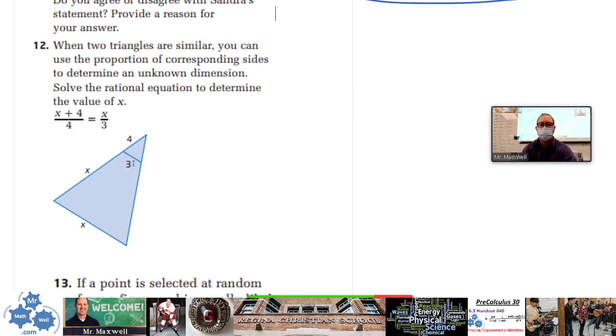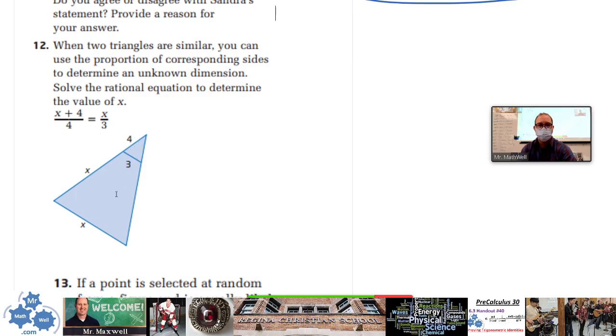I won't do number 12, I don't think, but a couple things from number 12. When you have similar triangles, the proportions of corresponding sides are equal. So, for example, these two triangles, the big triangle here and the little triangle here, those would be similar triangles. And so this side of 4 would correspond to this long side of x plus 4. And so you see the x plus 4 and the 4 are in a ratio together.